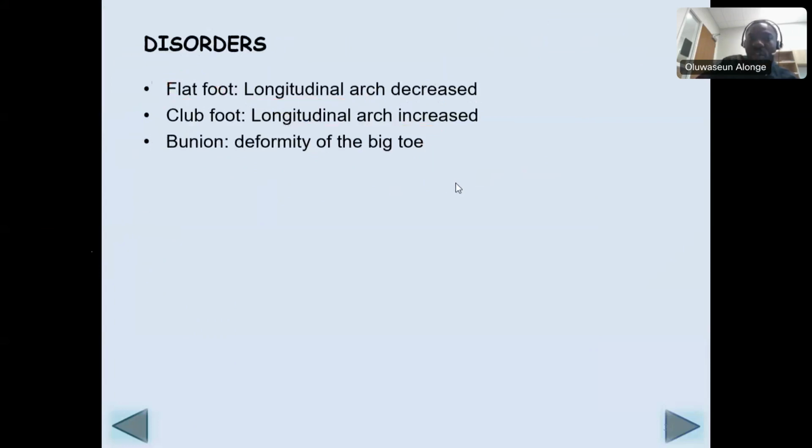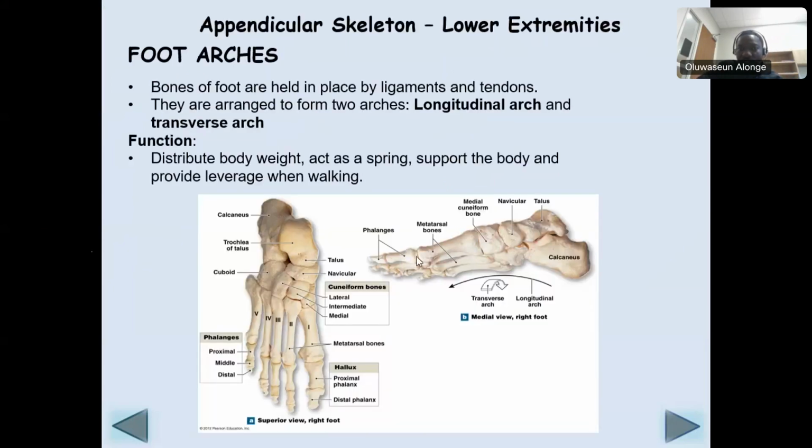So flat foot is when the longitudinal arch decreases. If it decreases, the foot becomes almost flat, and we call that flat foot. If it's increased, that's a club foot. All right. I'll see you in the next chapter. Thank you.